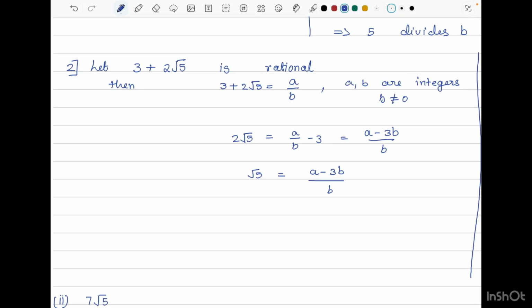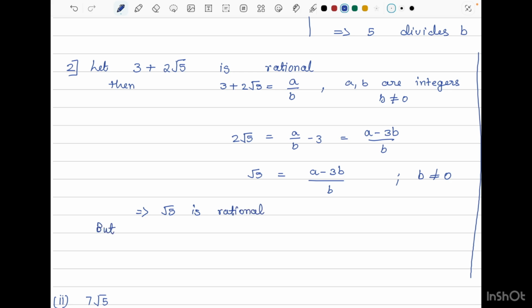That is equal to, cross multiply, we get a minus 3b by b, where b not equal to 0, and we get root 5 is of the form p by q, where q not equal to 0. That implies root 5 is rational.